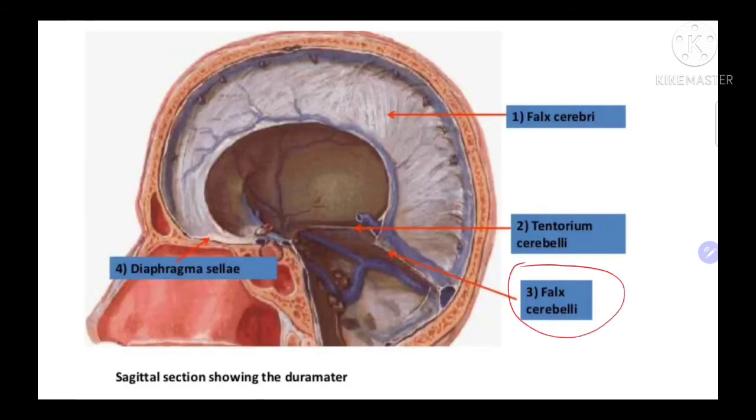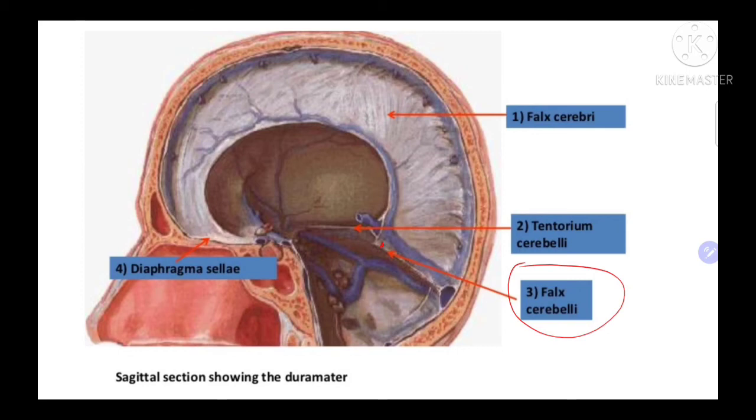So now we're gonna talk about the falx cerebelli. This is a vertical lamina. It's located between both cerebellar hemispheres. It has a base, which is superior, and is attached to the tentorium here. It has a vertex. This vertex is bifurcated in two parts by the occipital sinus.